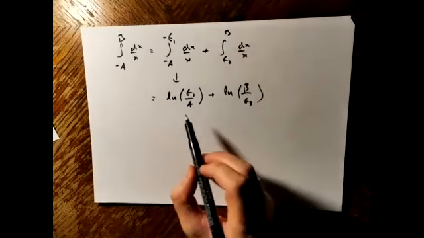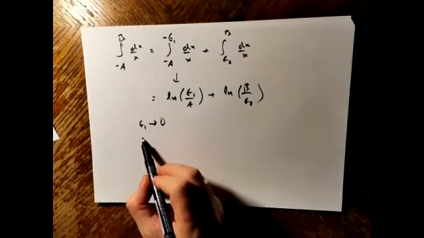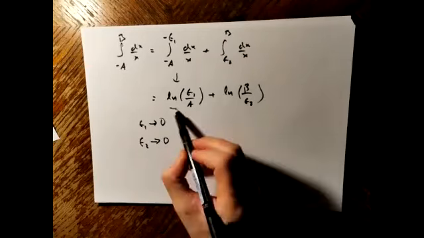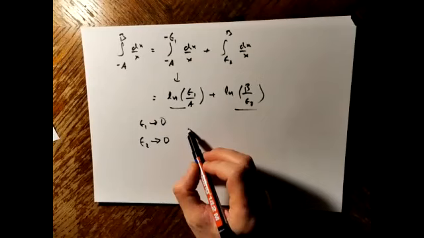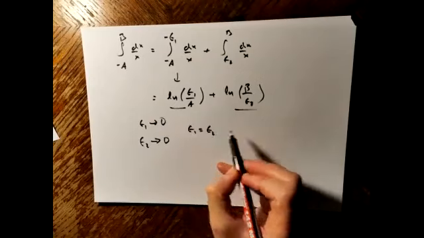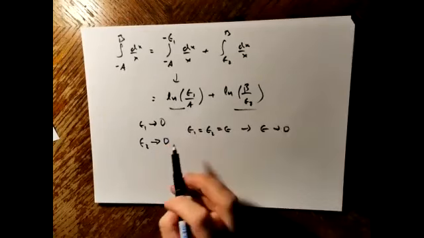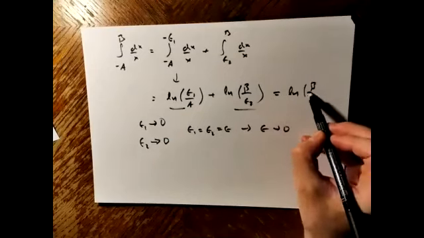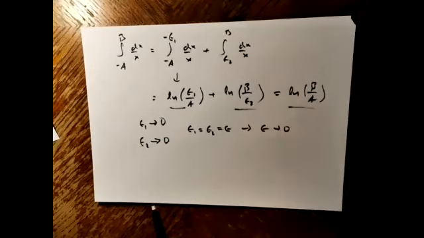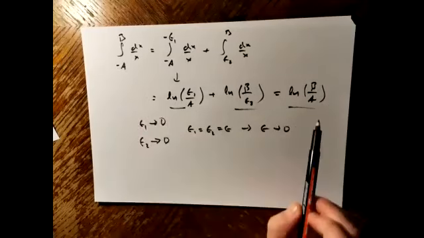But if I take epsilon 1 to 0 and epsilon 2 to 0, these terms diverge. However, if I take epsilon 1 equal to epsilon 2, call it epsilon, and then take epsilon to 0, I just get ln b over a. So that's what this integral converges to, provided that I choose epsilon 1 equal to epsilon 2.